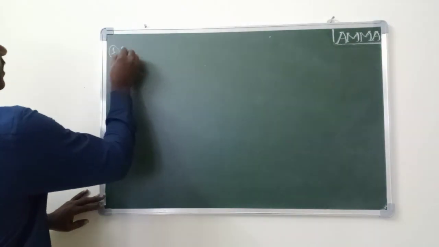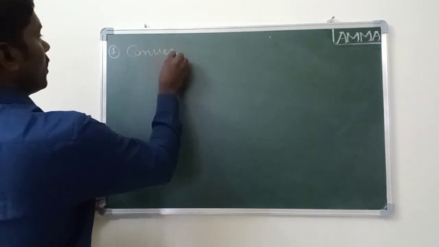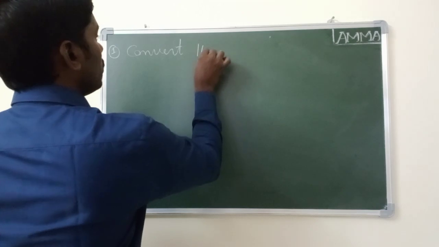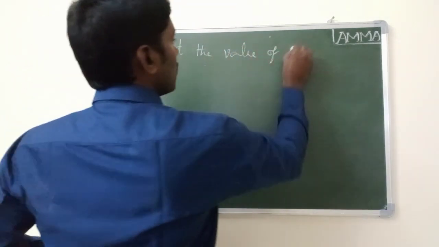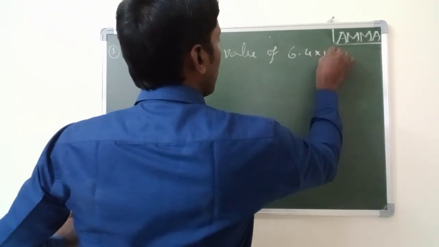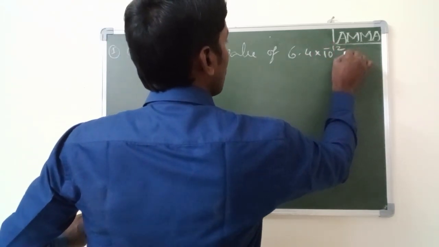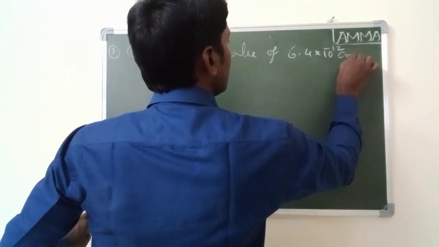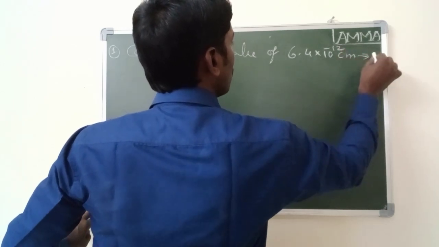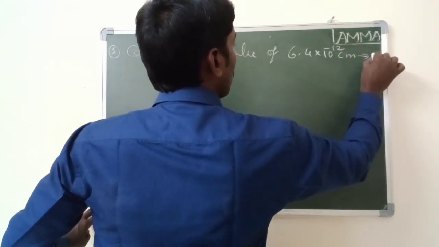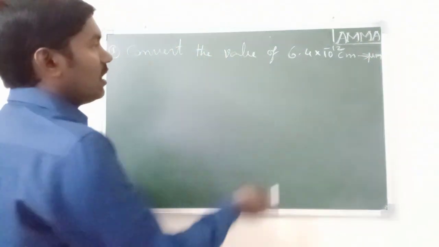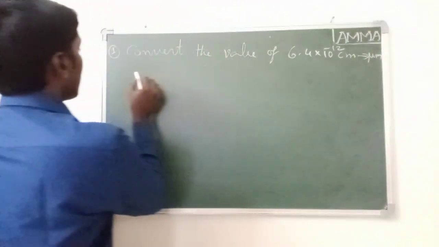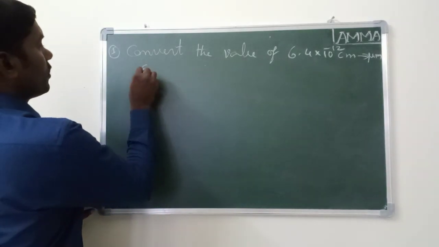First one is convert the value of 6.4 into 10 power minus 12 centimeters to micrometers. Centimeters to micrometers. Students, first of all, once again write the question.